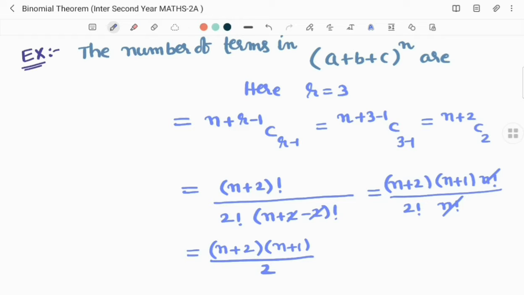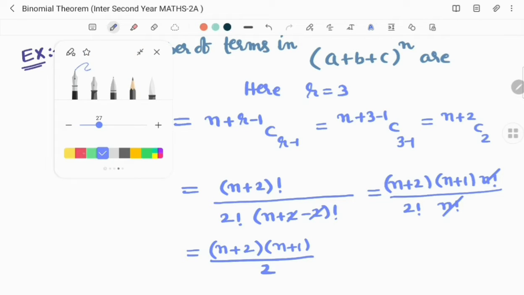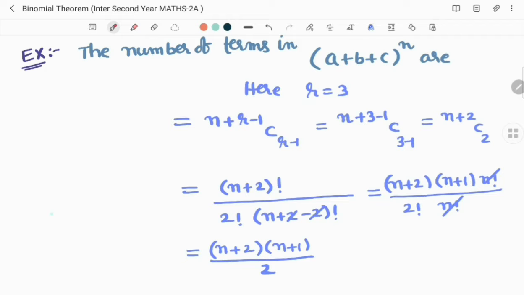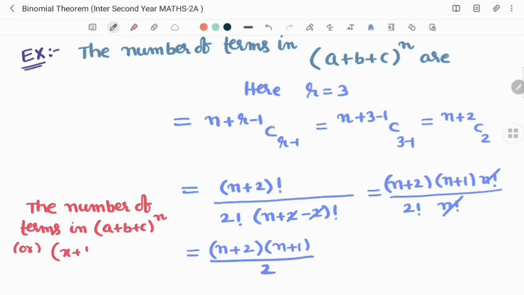Now onwards you make a note. The number of terms in (a plus b plus c) whole power n, or (x plus y plus z) whole power n, is equal to n plus 2 C 2.